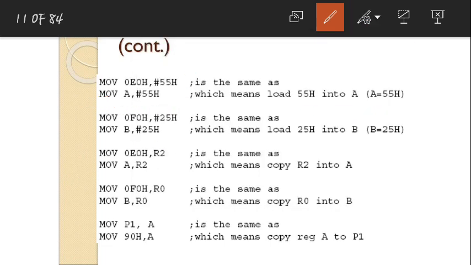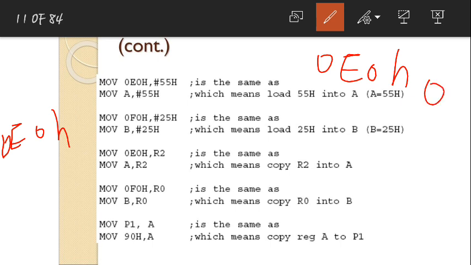But here you see, as I said, the address for A is E0H, but here he has written 0E0H. So he just mentioned one more 0 in front of this E. Why? In 8051, whenever you are trying to write some address in hexa, you have 0 to F: 0, 1, 2, 3, 4, 5, 6, 7, 8, 9, then A, B, C, D, E, F. Up to 9 you can directly write 90, 80, in that way, because that is a number.